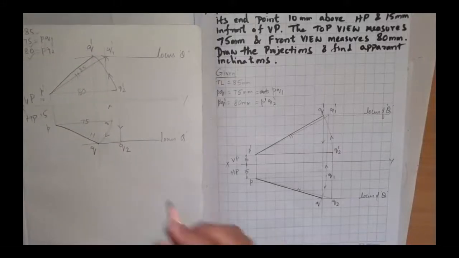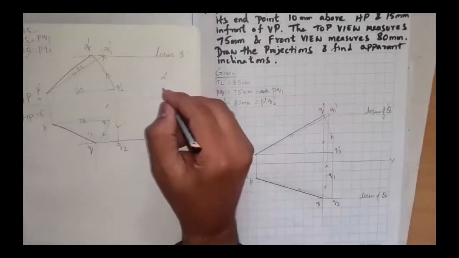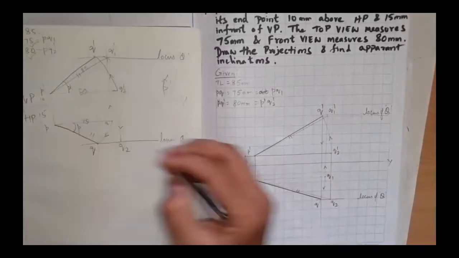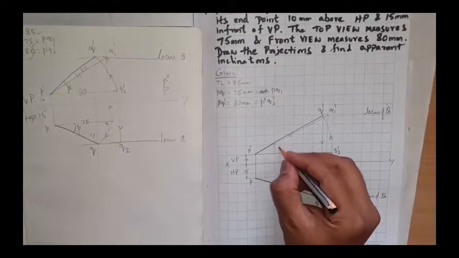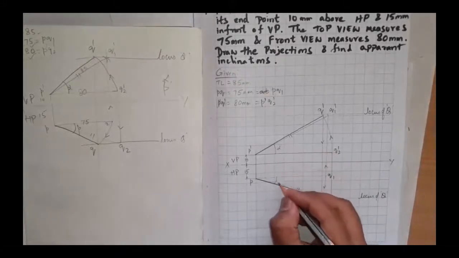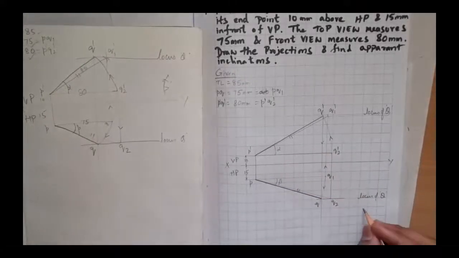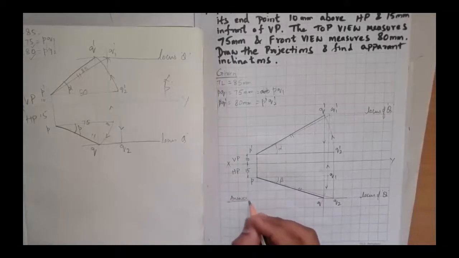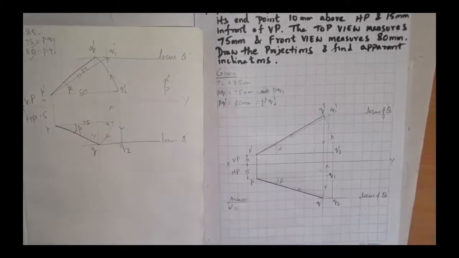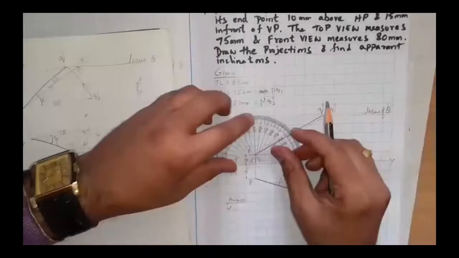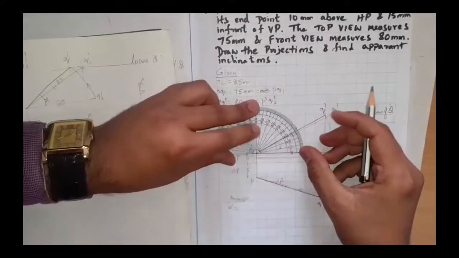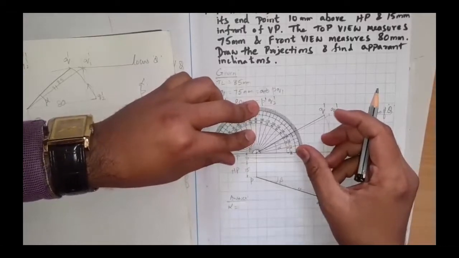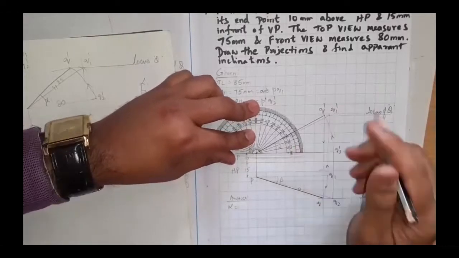Here, find the apparent inclinations, that is alpha and beta, associated with here and here. Identify this and mark alpha. Similarly, here beta. For me, alpha is 30, almost. 29, 30 degree.